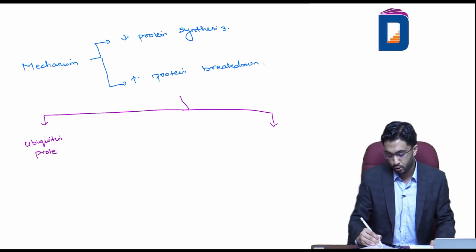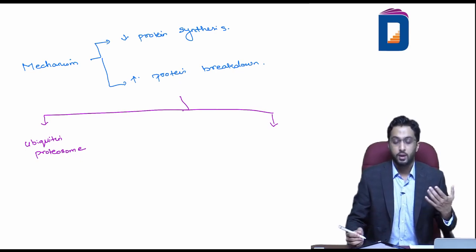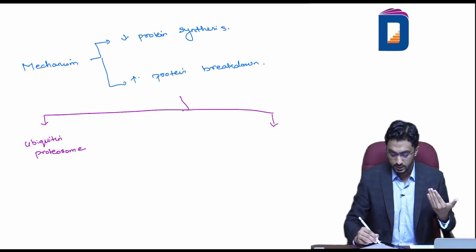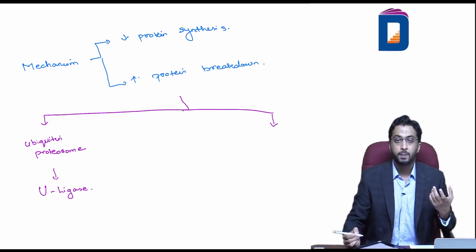One is the ubiquitin proteasome pathway. There is an enzyme called ubiquitin ligase, which is seen in the cells.